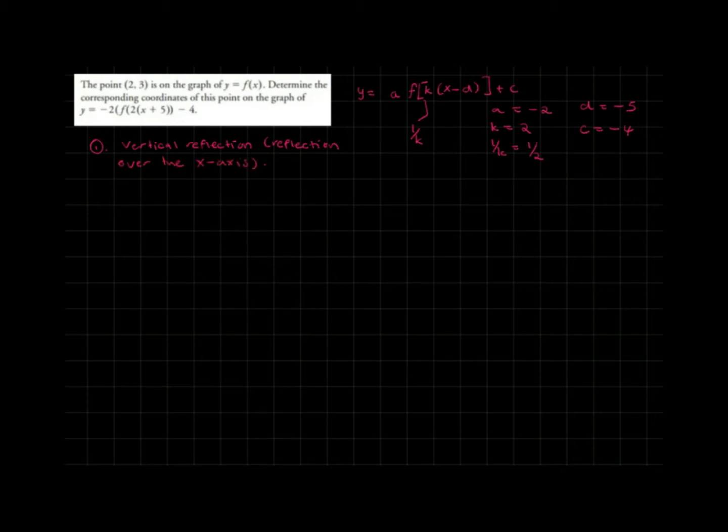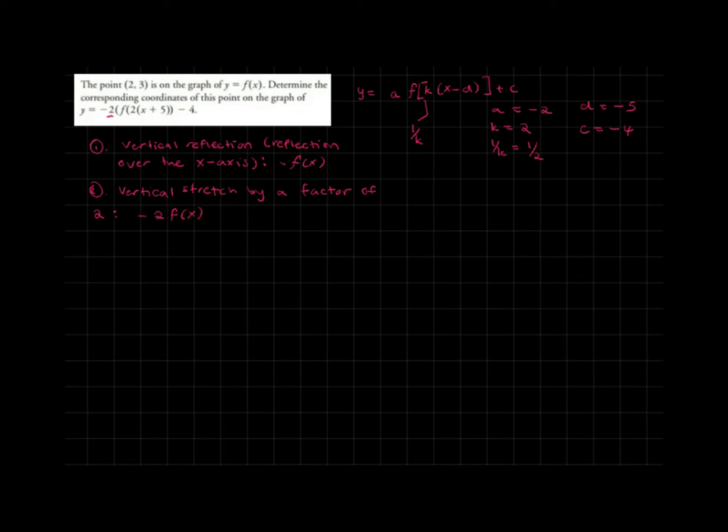From a function standpoint, it's -f of x. In the second case, we have this 2 value here, and because the absolute value of a is greater than 1, this implies we have a vertical stretch by a factor of 2, and this is equal to -2 f of x. Okay, so that's just in function notation.